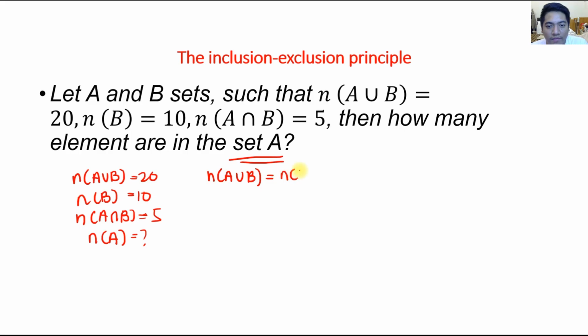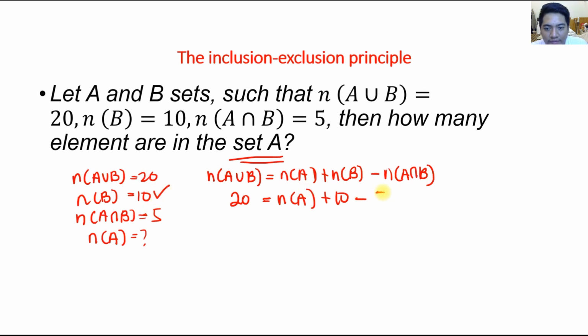we have N of A plus N of B minus the intersection of A and B. So N of A is being asked. So now we have N of A union B, which is 20, equals N of A, which we don't know, plus N of B, which is 10, minus the intersection, which is 5. So if we transpose, you have 20 minus 10 plus 5 on the left side.